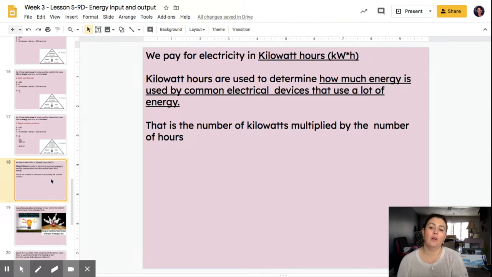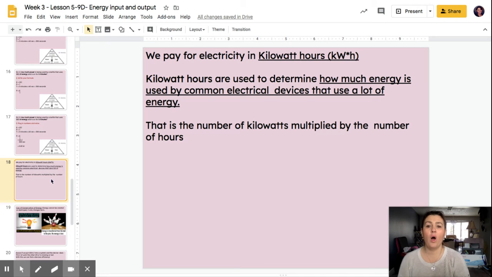Now, although energy is in joules, and we take power in watts and time in seconds, we don't always measure things in seconds. In fact, seconds can get very, very big. So what we like to do is hours. When we pay for our electricity with EPCOR, we pay for it in something called kilowatt hours.